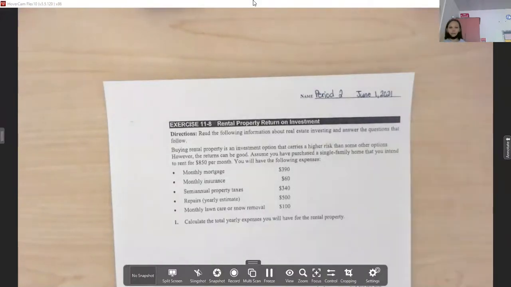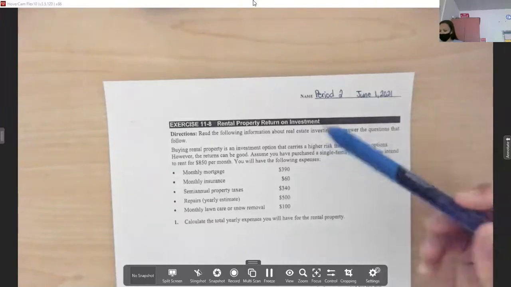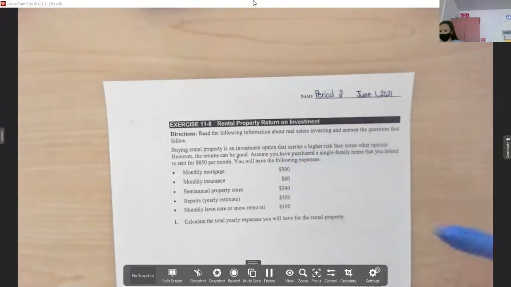So it says, read the following information about real estate investing, answer the questions that follow. Buying rental property is an investment option that carries a higher risk than some other options. However, the returns can be good. Assume you have purchased a single family home that you intend to rent for $850 per month. You have the following expenses.